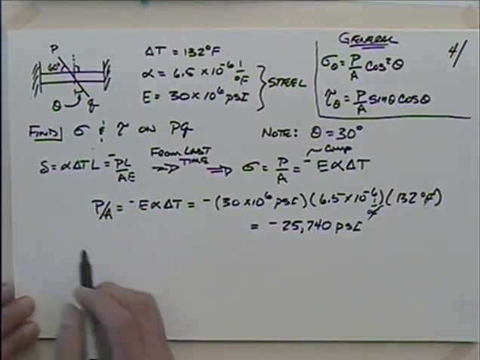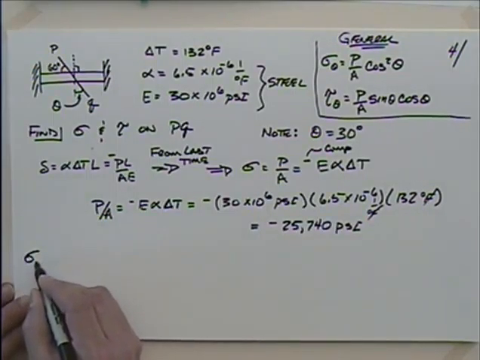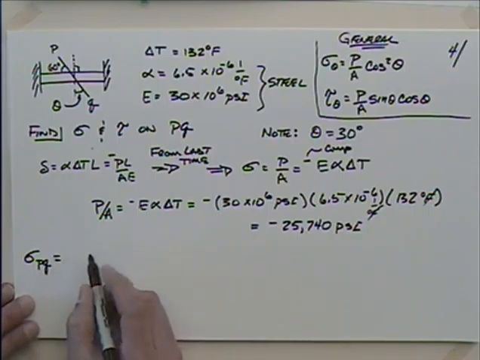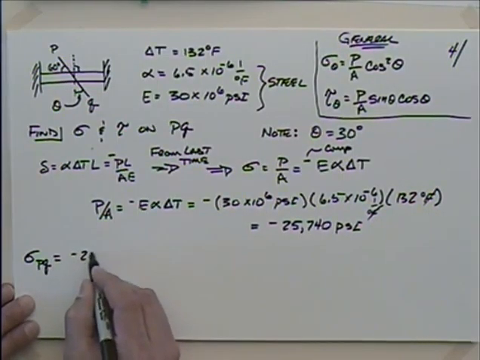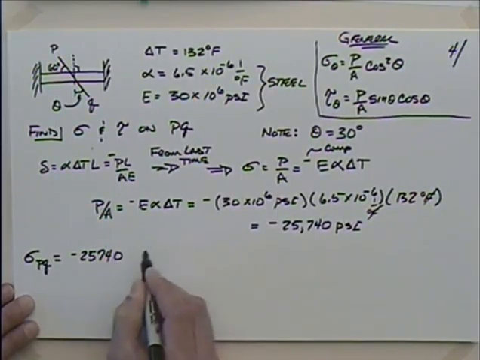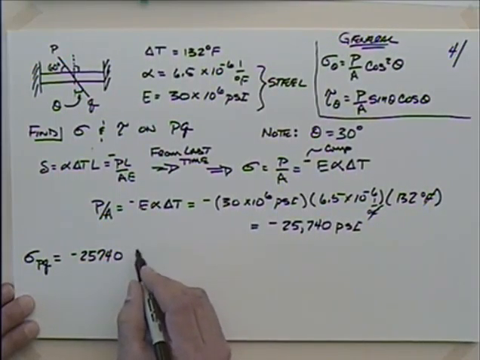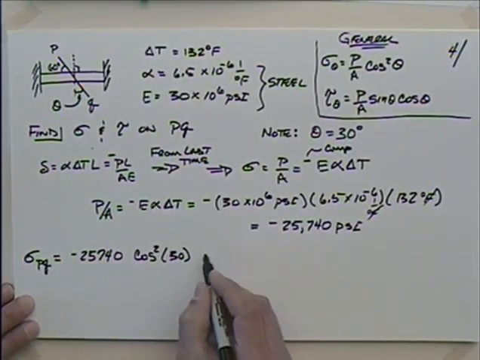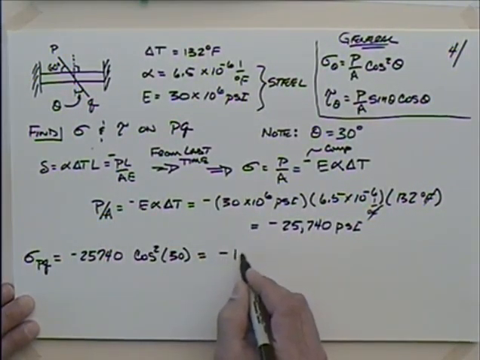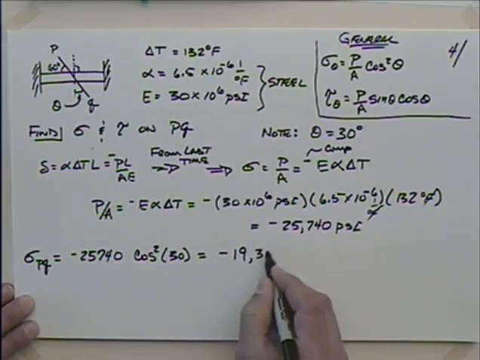We could have done that yesterday if we wanted to. Now today, let's see if we can get this. So sigma for the PQ plane or interface there is going to be equal to what? I take this value here, minus 25,740, and multiply it by cosine squared of 30 degrees, right? Which gives me minus 19,305 psi.